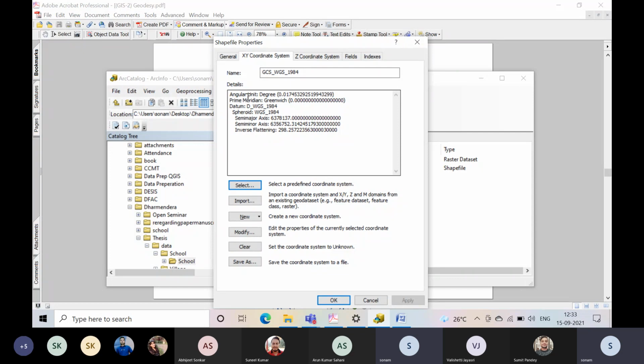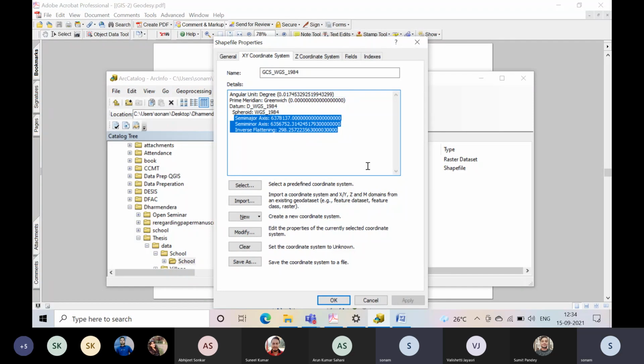Now in this particular, you can see the details they are giving. They are giving angular unit degree. Okay. They are giving the position of the prime meridian as this. Datum name is WGS 1984, spheroid is WGS 1984, and then they are giving the three main values.